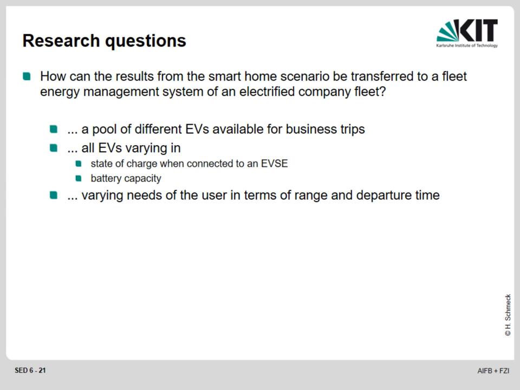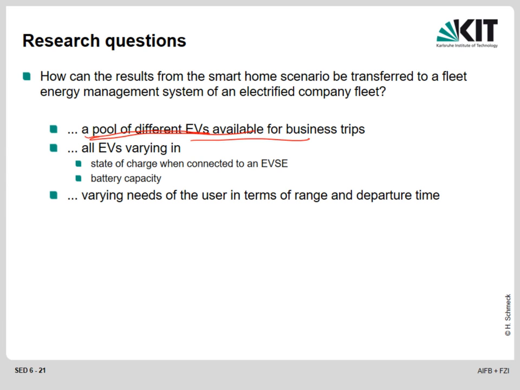So the research questions that we have here are, like we have this smart home scenario, which we look at here at KIT, for example. Then it may be that you have a pool of different electric vehicles that you use for business trips. This is a scenario that is looked at SAP, for example.